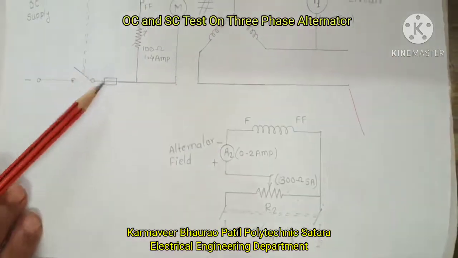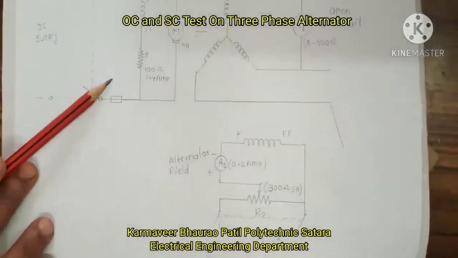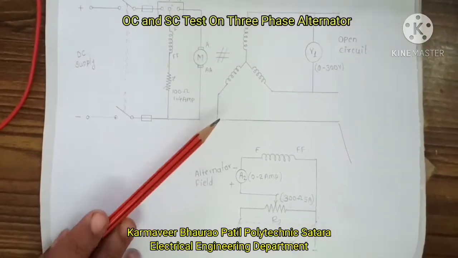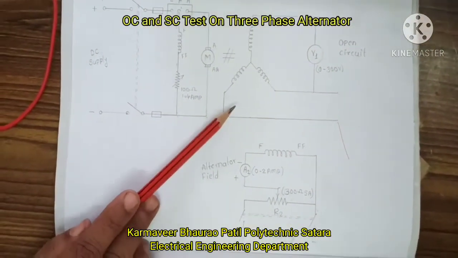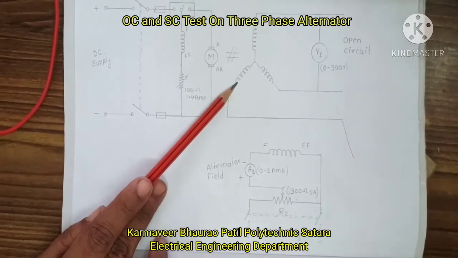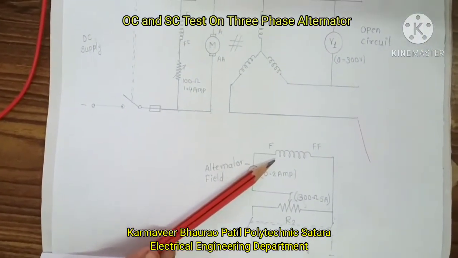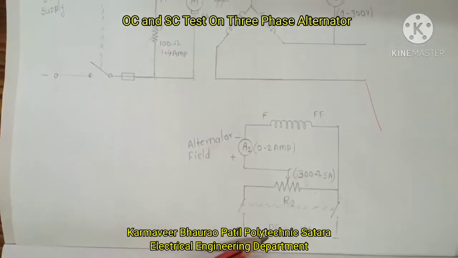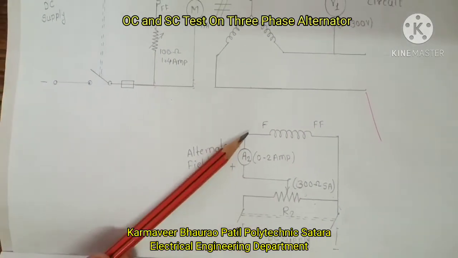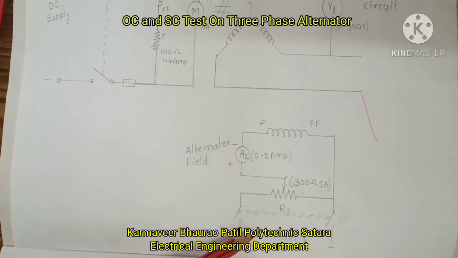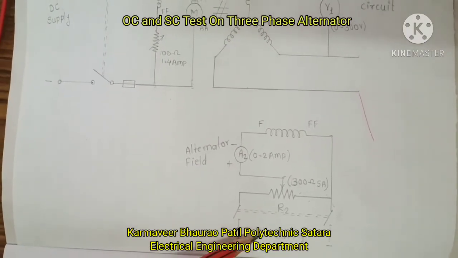After completing the connections for the DC motor, we want to make the connections of the alternator. The alternator also has two parts, the stator and the field winding. The field winding is to be connected to DC supply to give excitation.